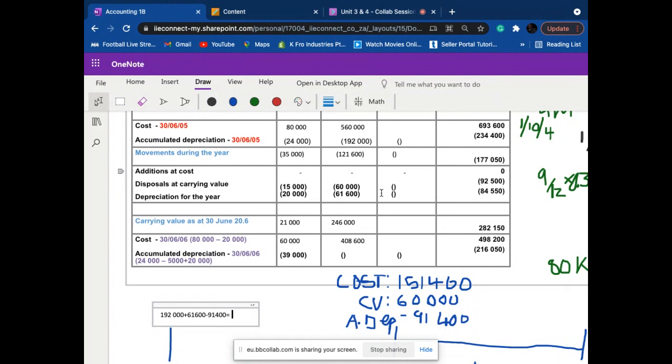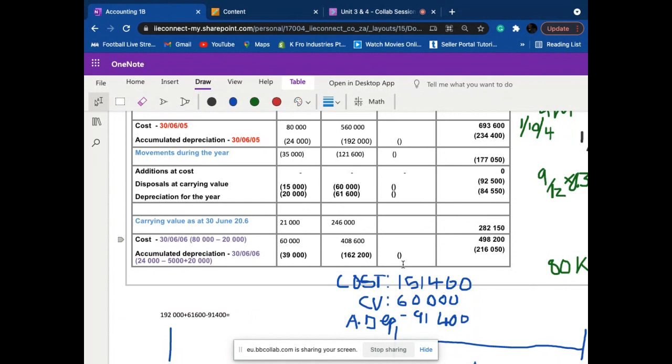So what's the answer that we get? 162,200. Is that what I got? Yeah. Okay. Again, let's just quickly double check. Did we do the right thing?